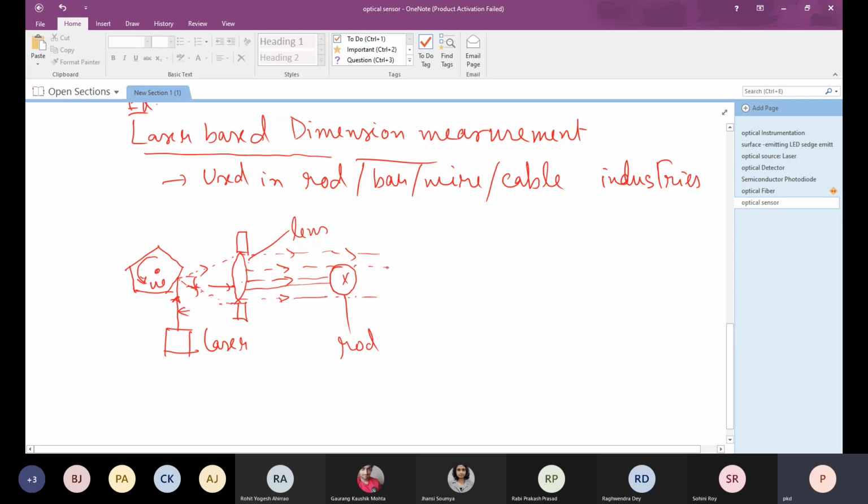So now what will happen when we image this part onto a photodetector? This is the rotating mirror.